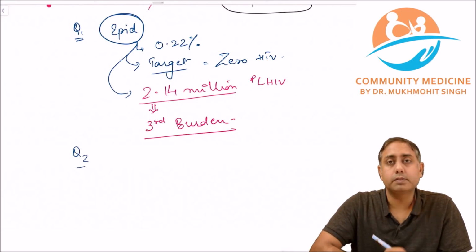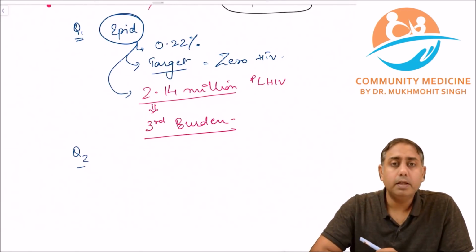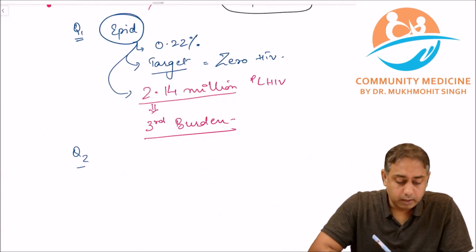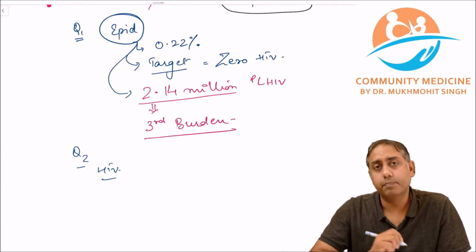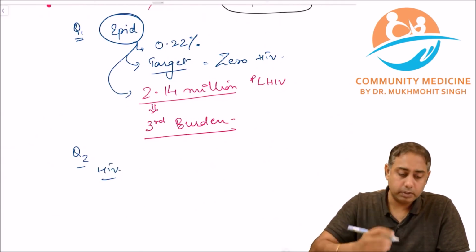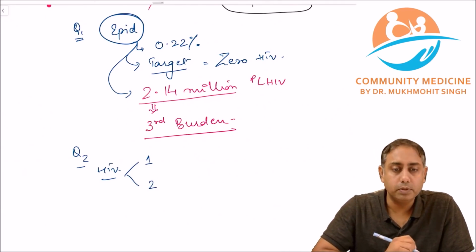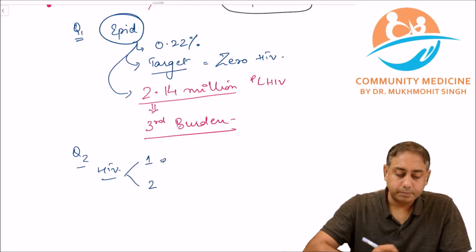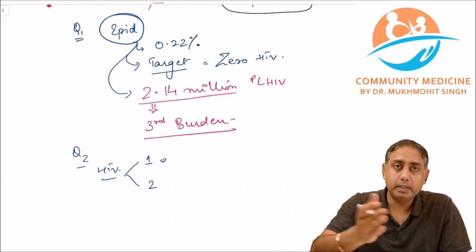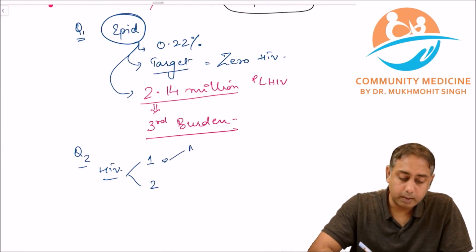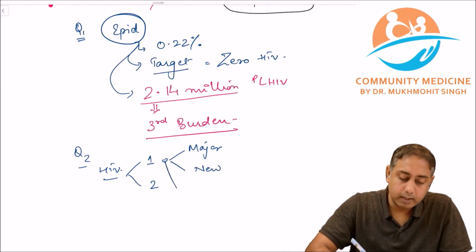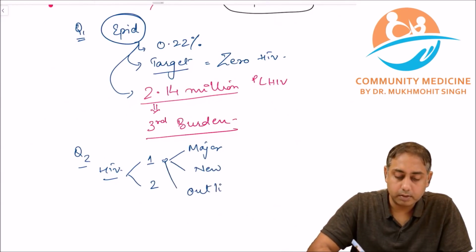Next, question number 2. In HIV epidemiology, there are two types of HIV viruses: HIV-1 and HIV-2. HIV serotype 1 has many groups: group M, that is the major group, group N, a new group, and group O, an outlier group.